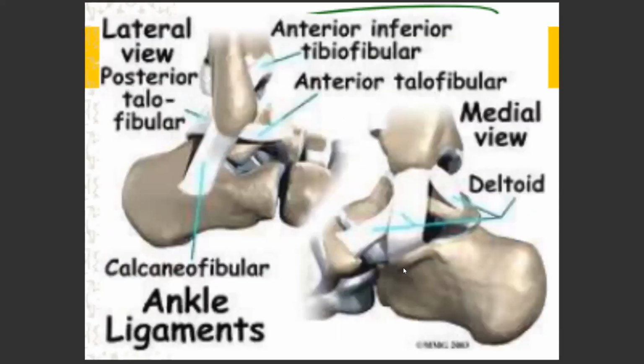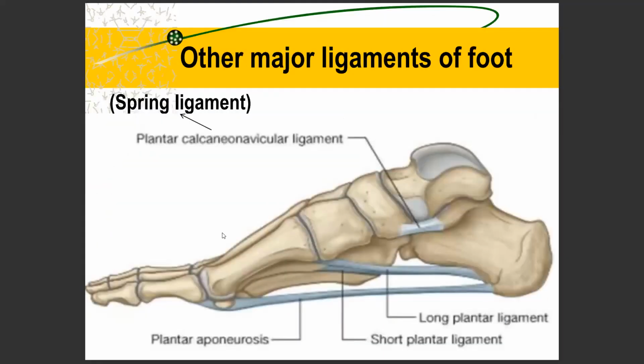By the dorsum of the foot we mean this surface. This is the sole or the plantar surface, and this is the dorsal surface. So here will be the ankle joint, there will be the tibia, and this is the talus bone.